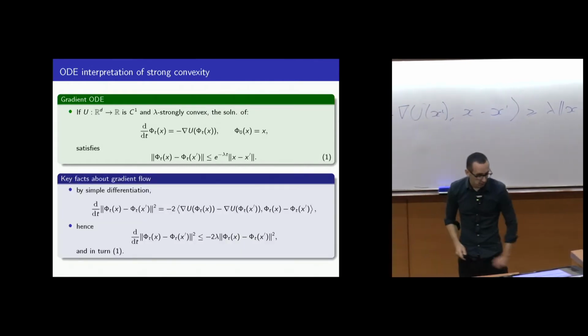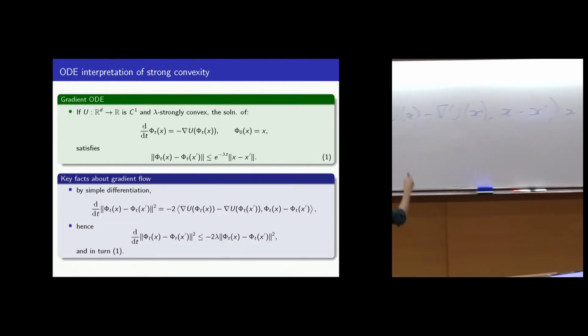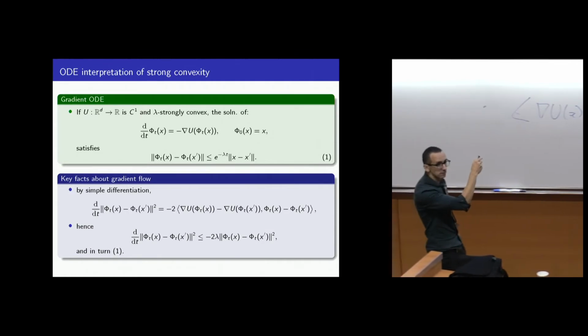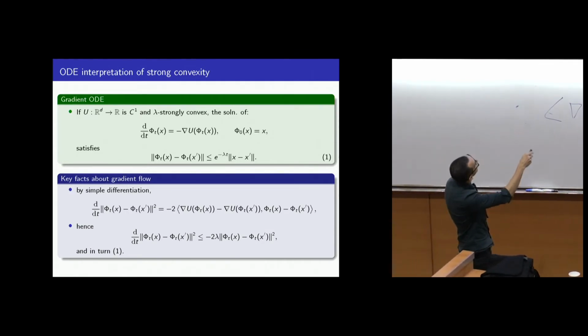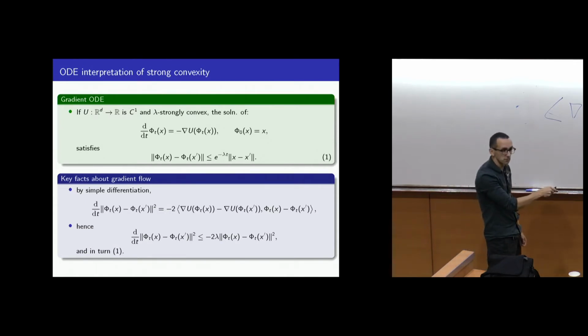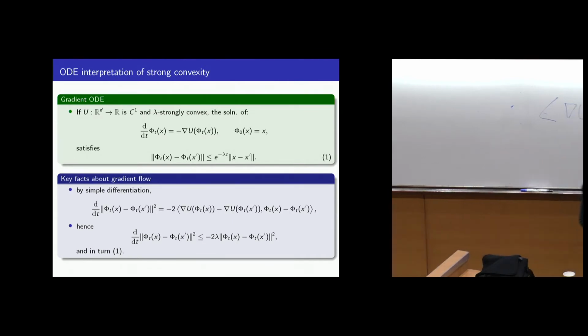And to see where that comes from, if you just differentiate the square of the norm of that difference, you get that inner product appearing, right? And you see that inner product there is exactly of this form. You just substitute in phi t of x and phi t of x dash for x and x dash here. Nice and easy.